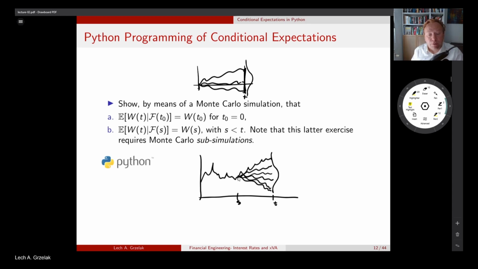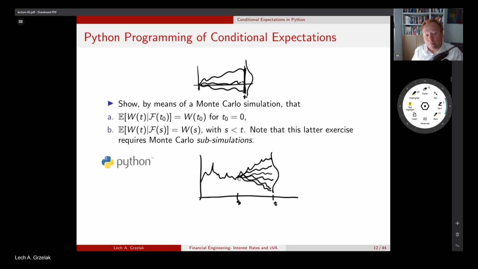You see that this is kind of tricky, because if you just take expectation of all those paths of Brownian motion at time t, the answer will be just a constant. But here, because this is measurable with respect to filtration F_s, we would expect the answer to be stochastic.